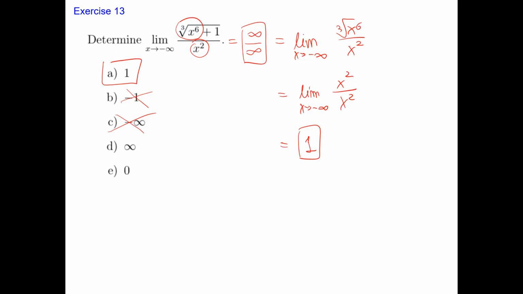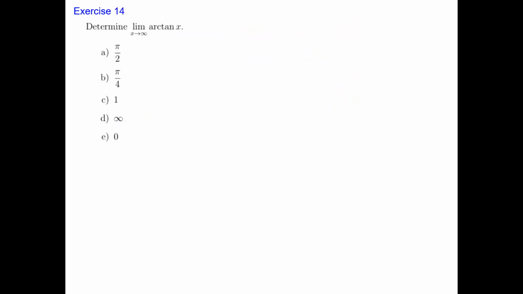Okay, exercise number 14. How arctangent behaves at positive infinity. We know the graph of arctangent, extremely helpful. Arctangent looks like this, and we do have negative pi over 2 and positive pi over 2.